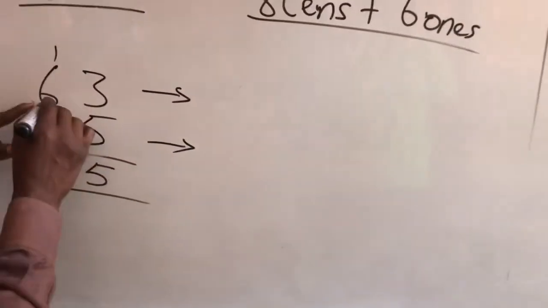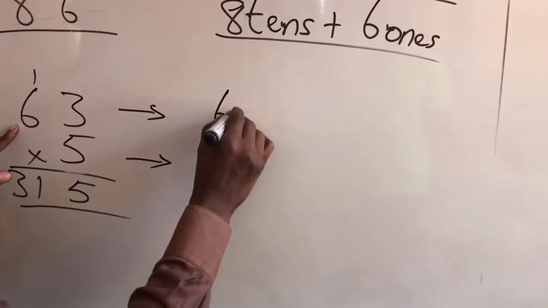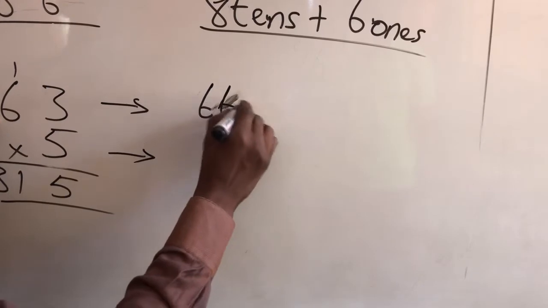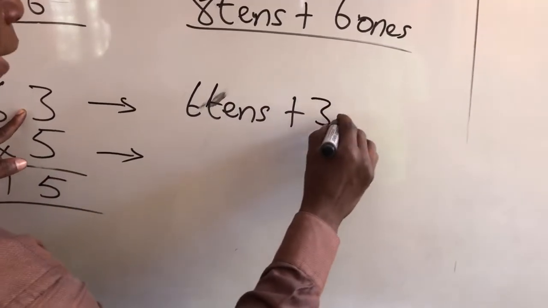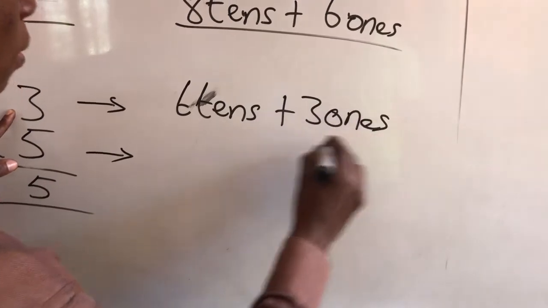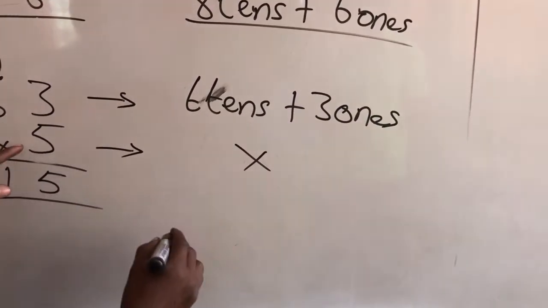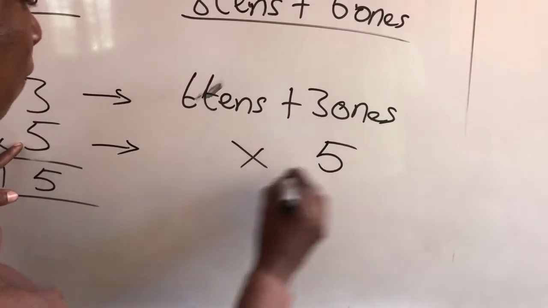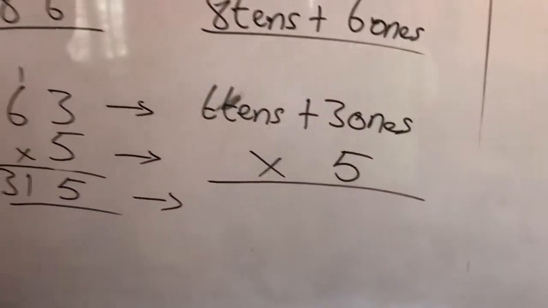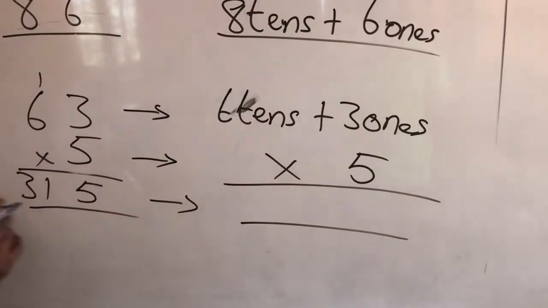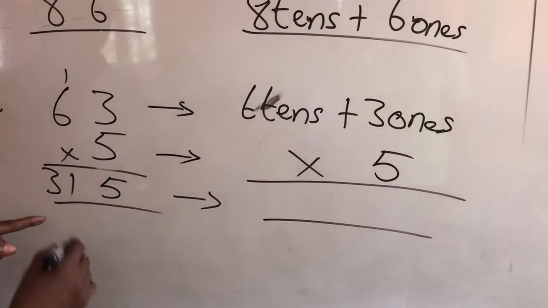This is 6 tens plus 3 ones times 5. You only expand this. Have you seen it?